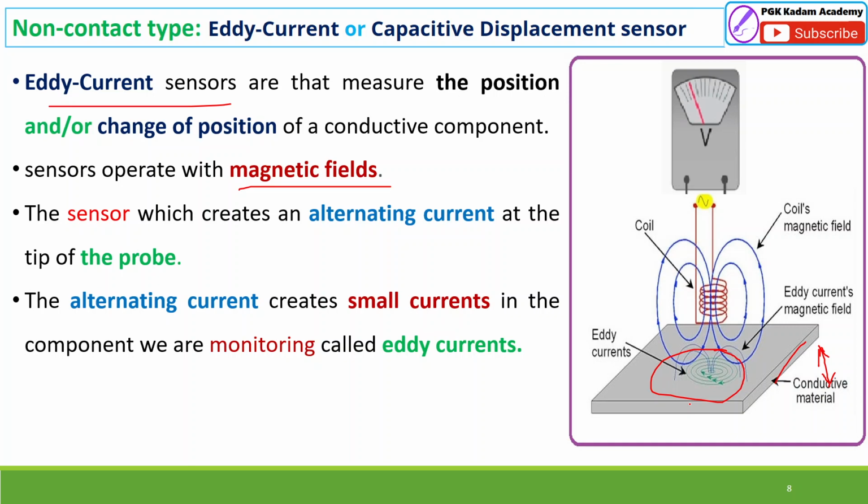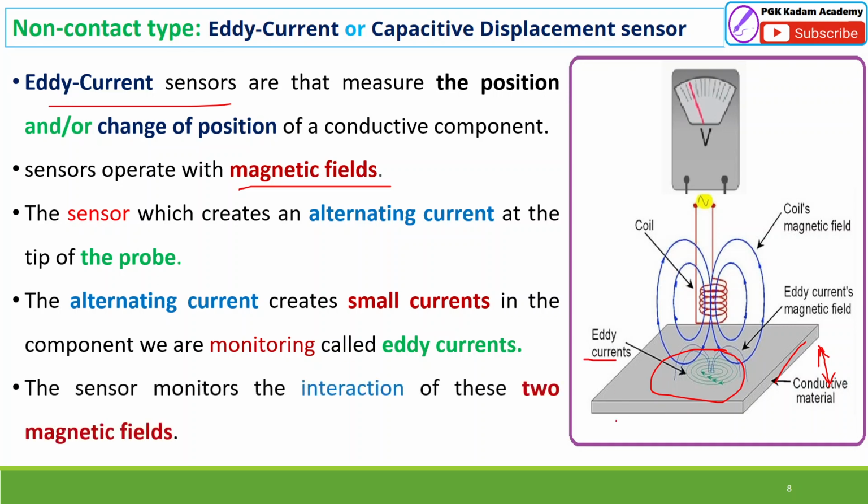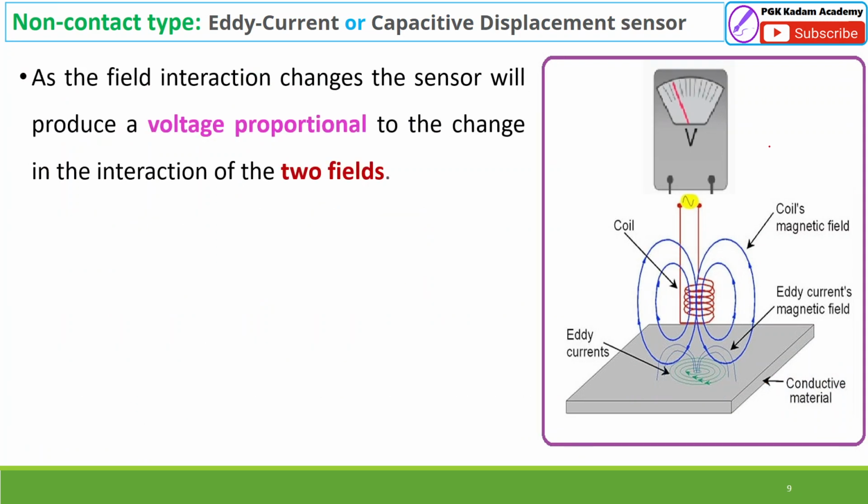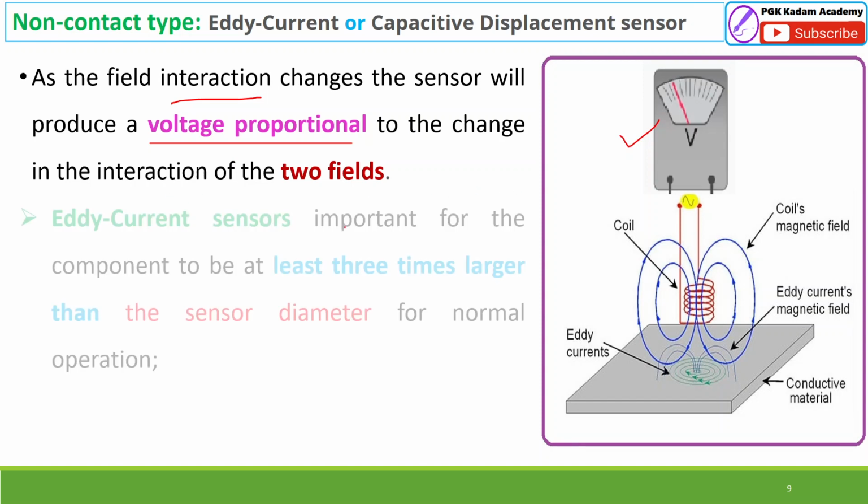The eddy current sensor monitors the interaction between these two magnetic fields, the first and the second. The difference between them is recorded on the voltmeter. When the interaction changes, the sensor produces a voltage proportional to the change in the interaction of the two fields.